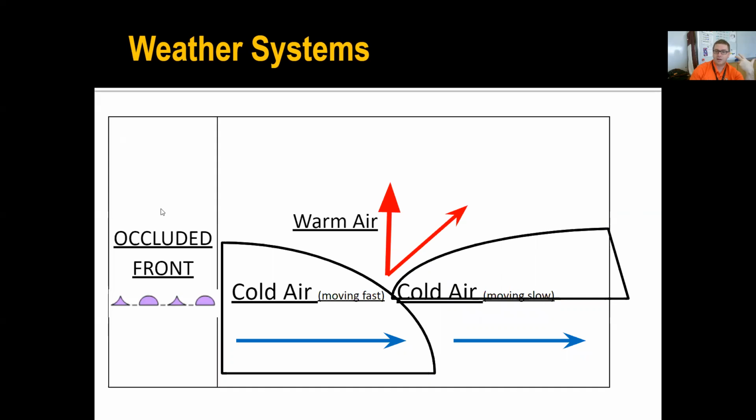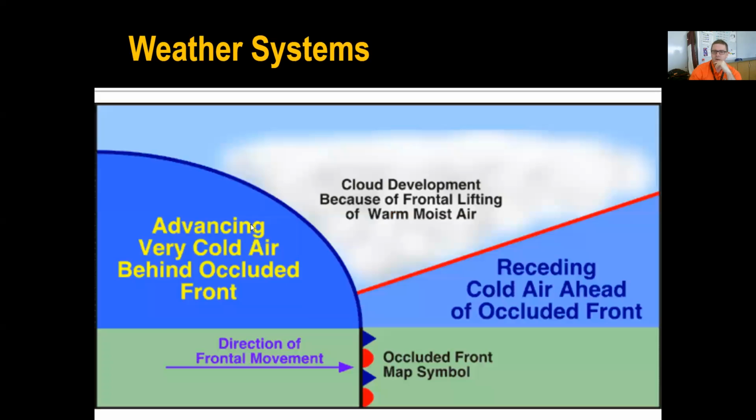Then we get an occluded front when you have very fast cold moving air that is coming behind slower moving cold air, and it wedges warm air on top of it in this weird pocket, this occluded front. When this happens, you get moist air cloud development in the section of it, but you're not necessarily going to get too much precipitation from this.